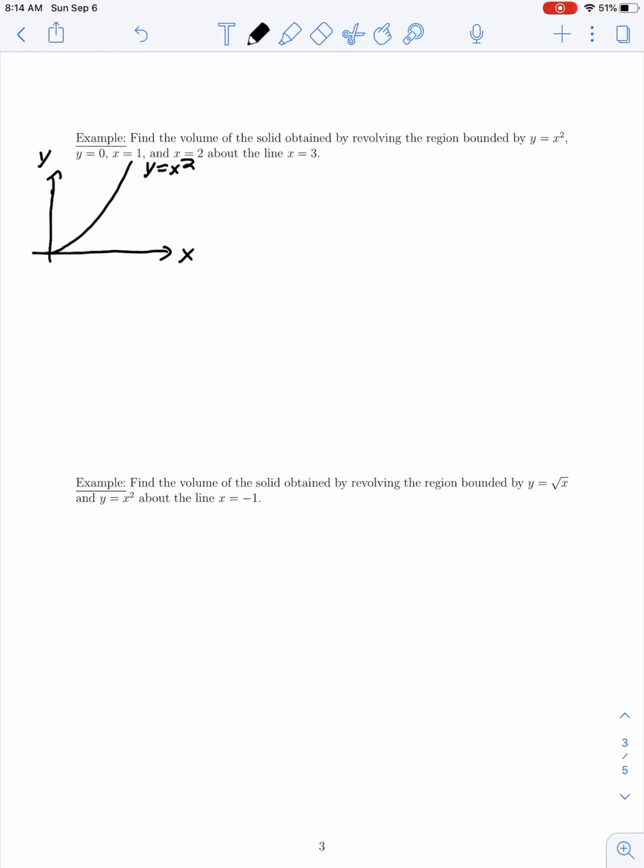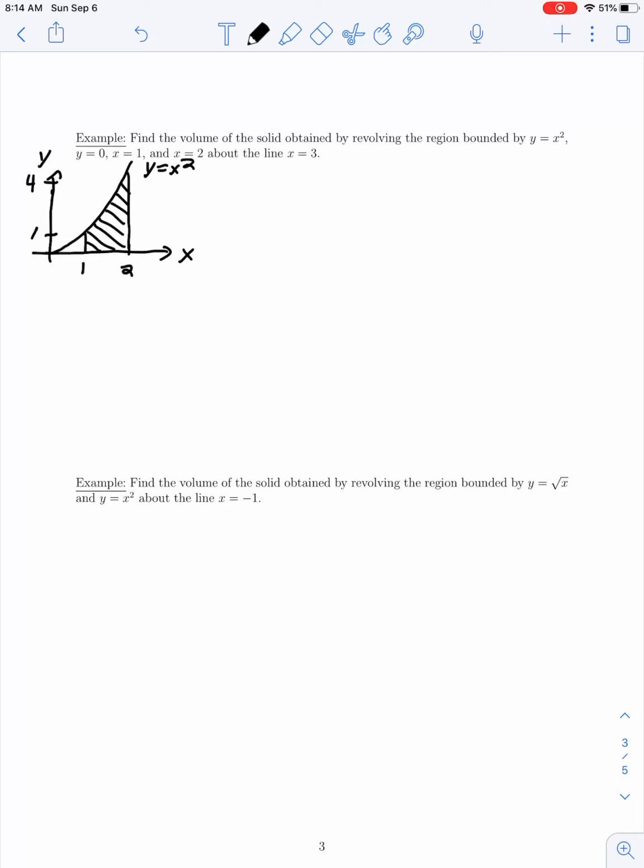And then the vertical lines at x equals 1, so our corresponding y value would also be 1, and when x is equal to 2, in which case our y value, 2 squared, would be 4. So we're looking at this shaded region.